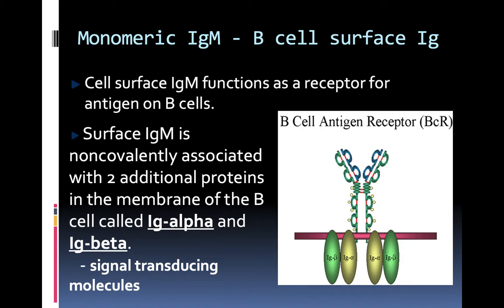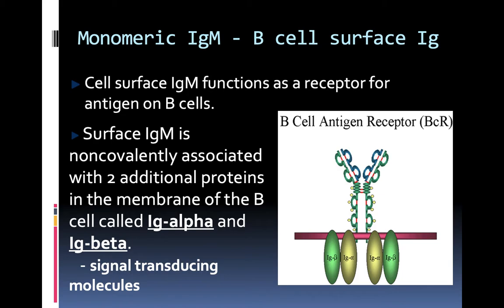Now, if you take a look at the monomer of each IgM, a monomeric IgM can be found, as an example, working as a BCR, as a B cell antigen receptor. As monomers, they're membrane bound and they can function as B cell antigen receptors.